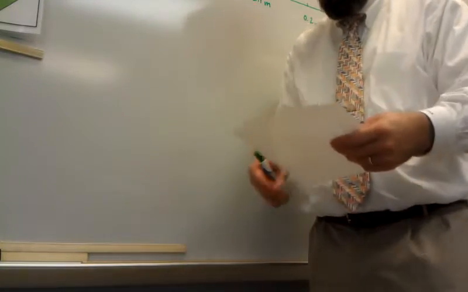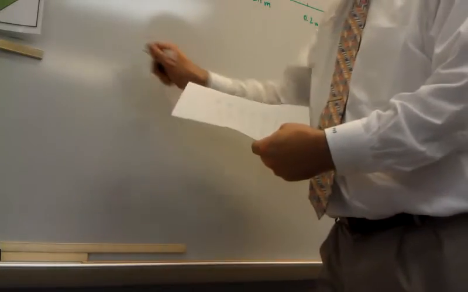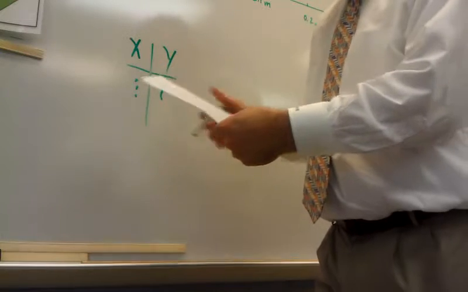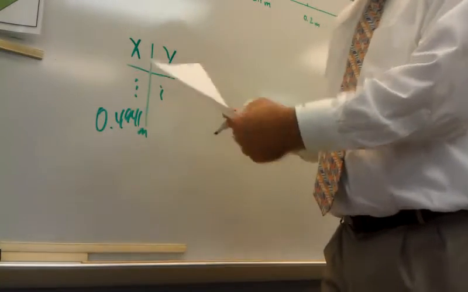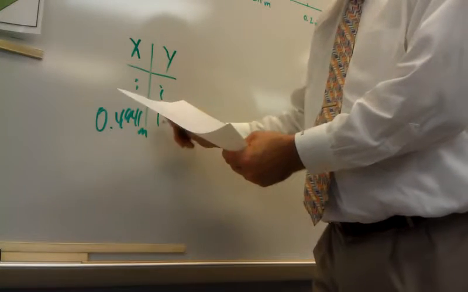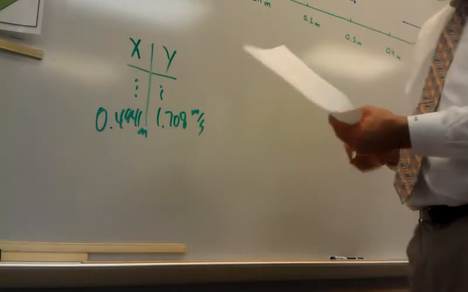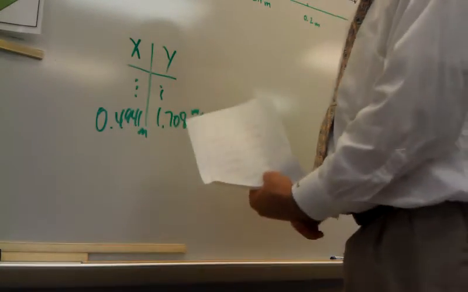Now, taking a look at this data, the largest value I have for x is 0.4941 meters, and the largest value for y is 1.708 meters per second. What I'm going to do is scale this in order to make it fit on my board.